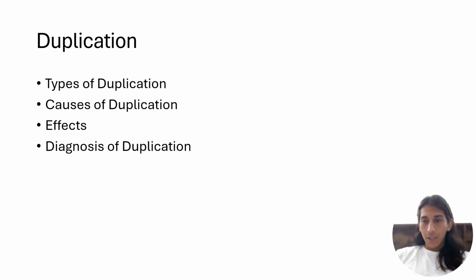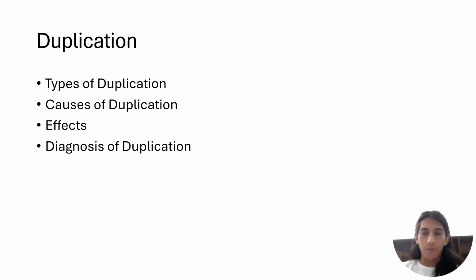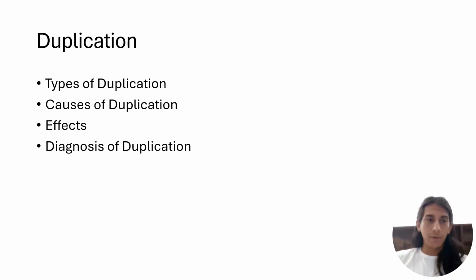Some of the effects: Charcot-Marie-Tooth disease, Parkinson's disease, cancer, and birth defects as well. And diagnosis is the same. There are several other ways, but FISH, microarray analysis, and karyotyping are all ways to detect duplication.